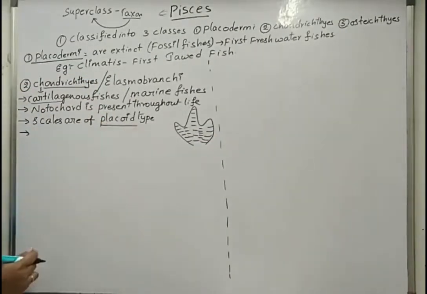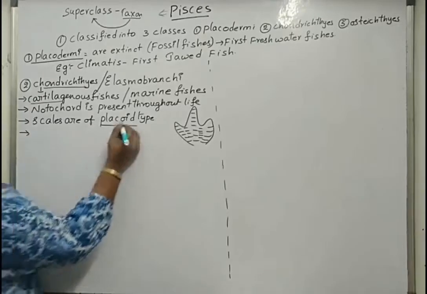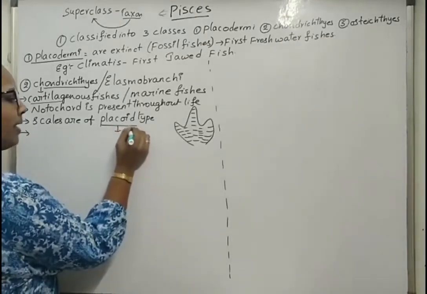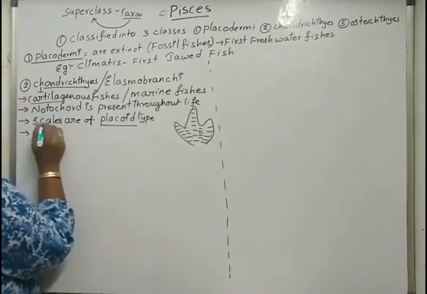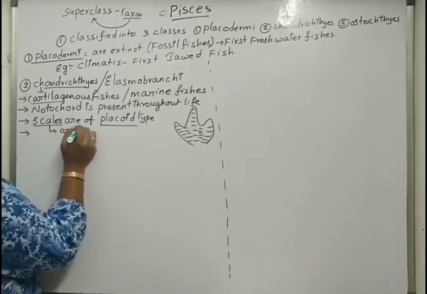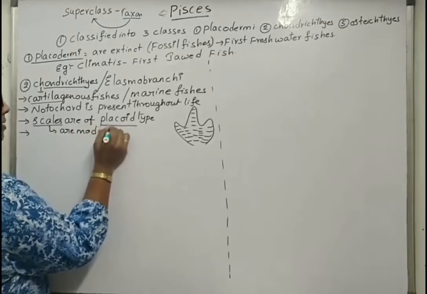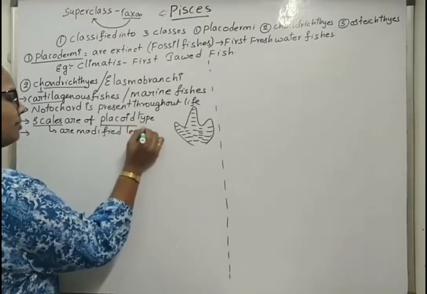This term is given in your NCERT, so you have to remember. Next, teeth are modified placoid scales. You can write placoid type of scales, or scales are modified teeth.